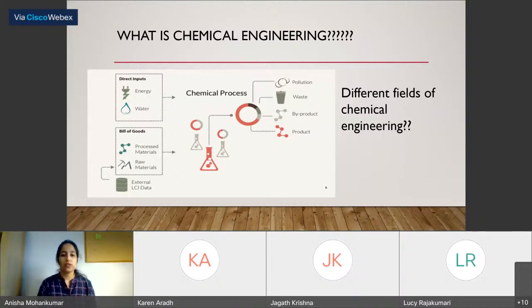It can be process design, process simulation, process optimization. There are so many different fields of chemical engineering, but I am talking only about one small topic of chemical engineering. It is a very vast field of engineering.